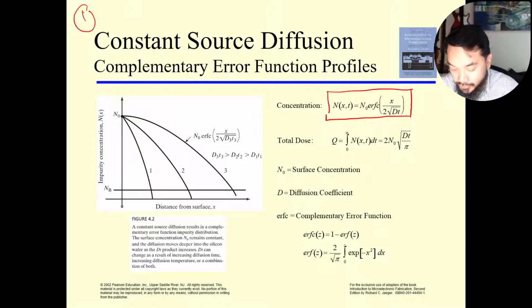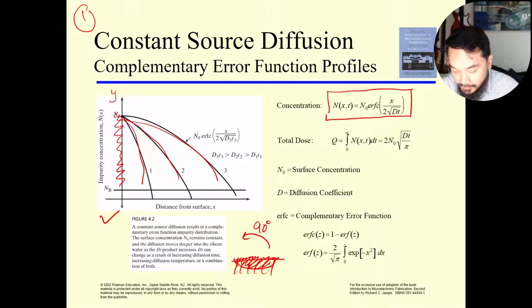If you want to read this graph, imagine that you have your wafer and you deposit some impurity on top, then carry out the diffusion, so the atoms diffuse inside. Then you turn it 90 degrees. Here is the surface where you have deposited the impurity atoms, and the diffusion happens downwards like this.